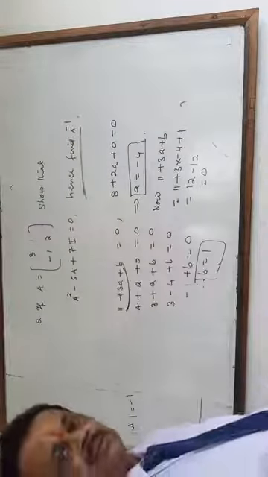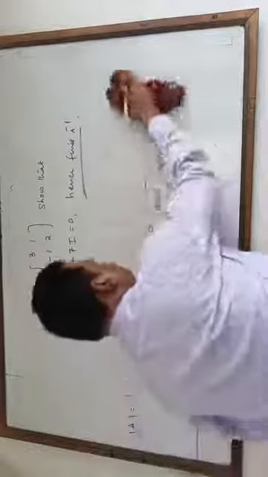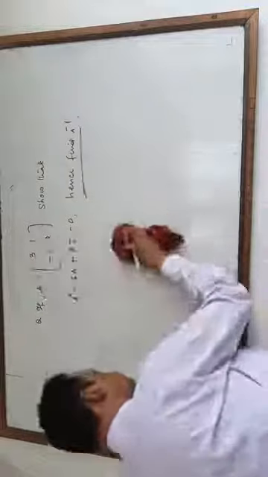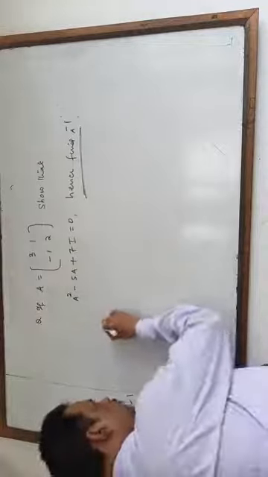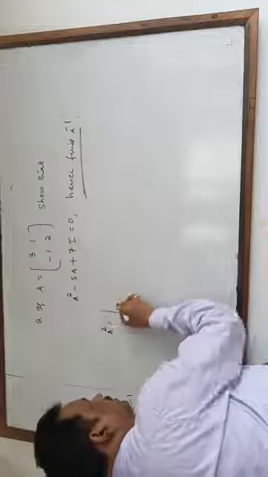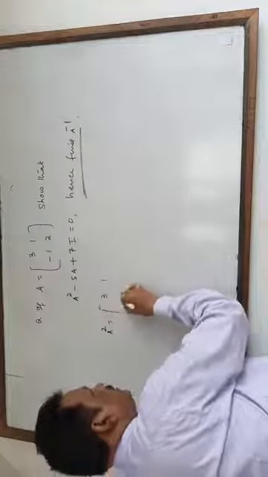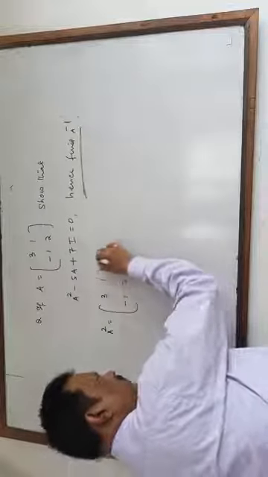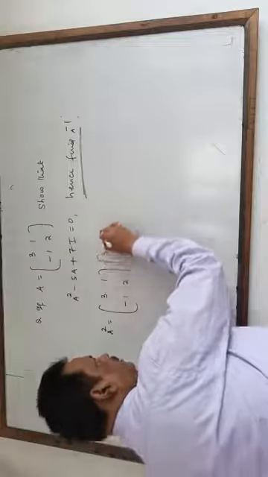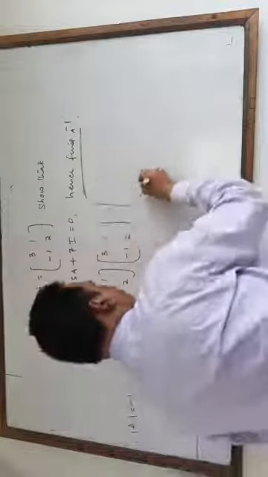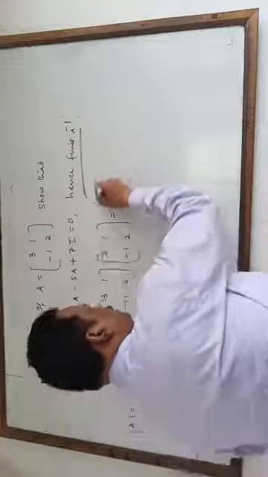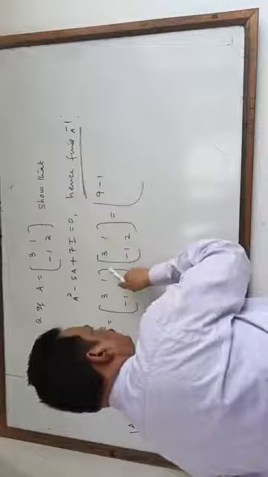Okay, look at here. Let's find what is A square. That is A into A: 3 1 minus 1 2 times 3 1 minus 1 2. Let's multiply. 3 3s are 9 minus 1.